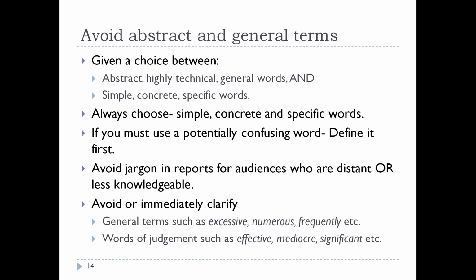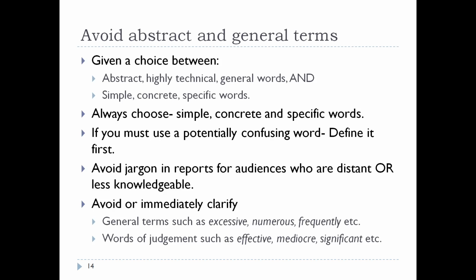If something is significant, you should mention how significant. If something is effective, you should mention how effective it is in concrete terms. For example, if we say that this cough syrup is very effective in relieving cough, what do you mean by very effective?